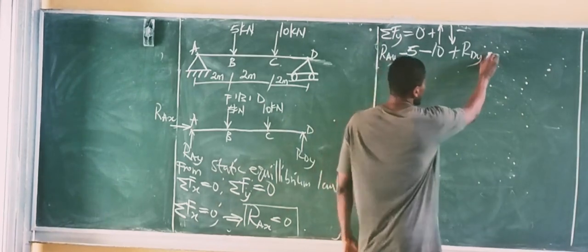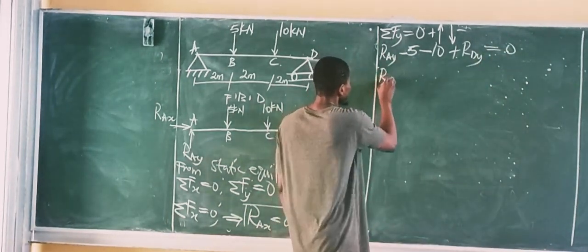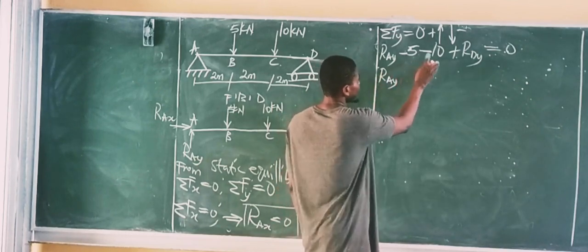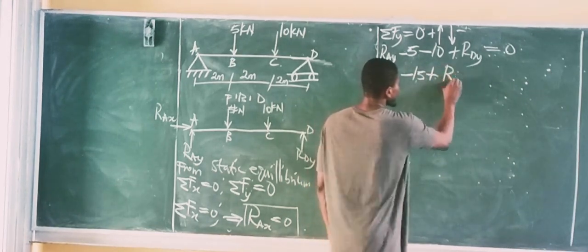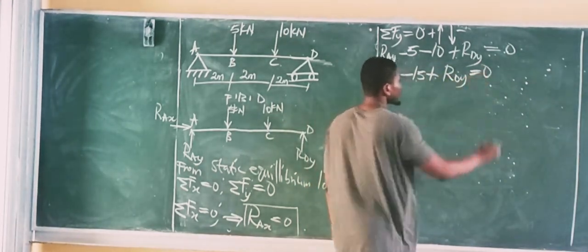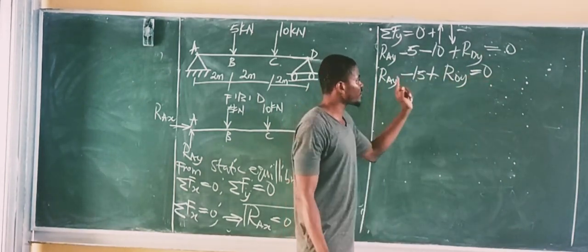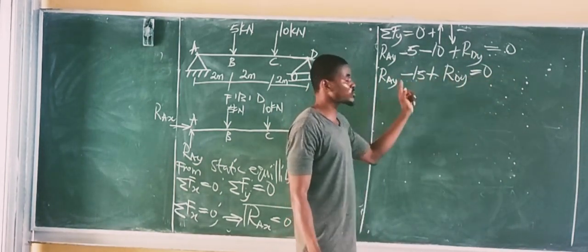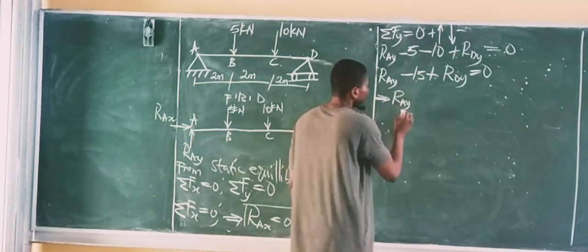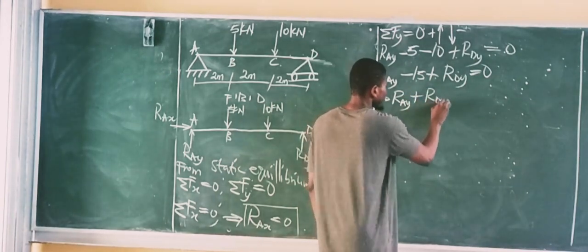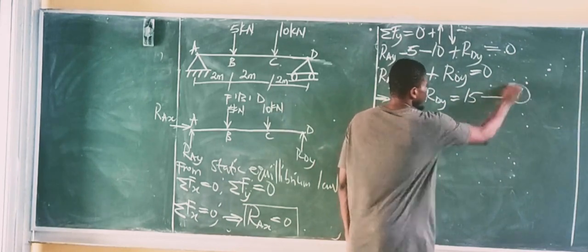So RAY minus 15 plus RDY is equal to 0. Now let's send minus 15 over to the other side of the equation. So we have RAY plus RDY is equal to 15 kilonewtons. Call this equation 1.